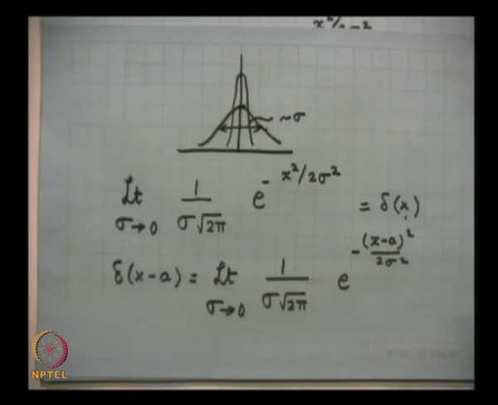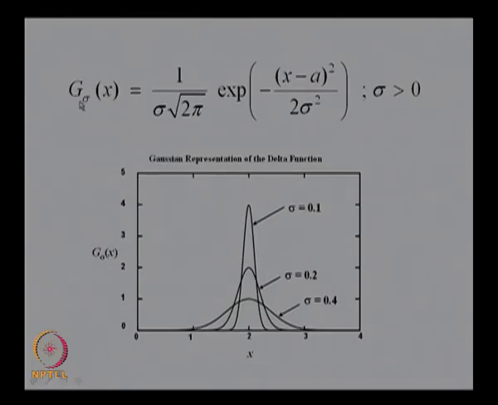So, here on this slide we have shown the function g sigma of x, which I define as 1 over sigma under root of 2 pi and so on, and in the figure below we have plotted this function for sigma equal to 0.1, 0.2 and 0.4. The width of the function is of the order of sigma, and as sigma becomes smaller and smaller, the width becomes smaller, the localization becomes sharper, and the height becomes larger and larger.